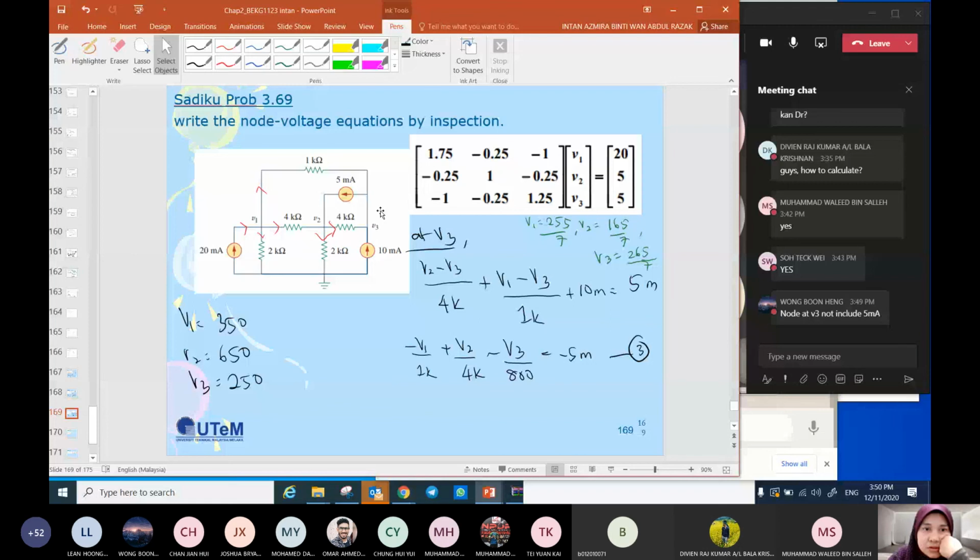Enter, this one enters 5, and then equal 5 milli. But now I found that this is minus 1, this is minus 1. Here is negative. So something is wrong here.